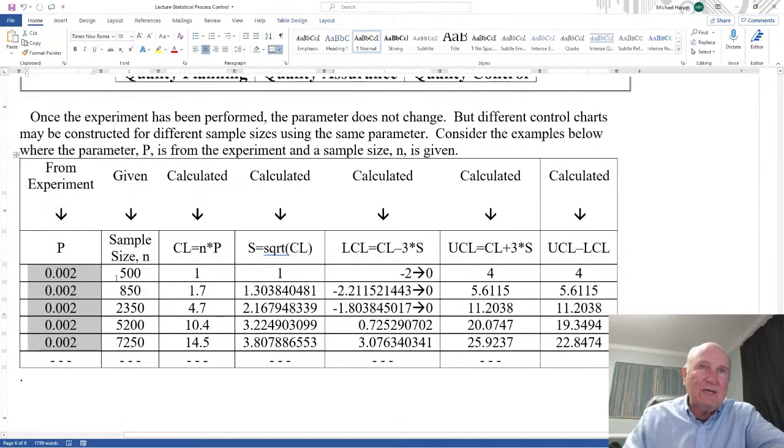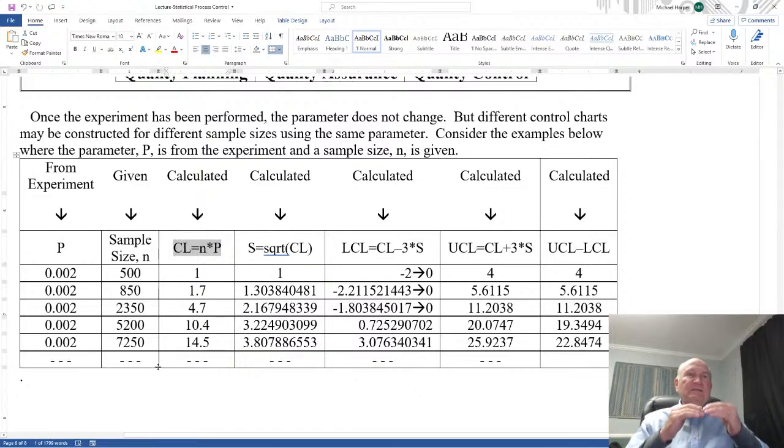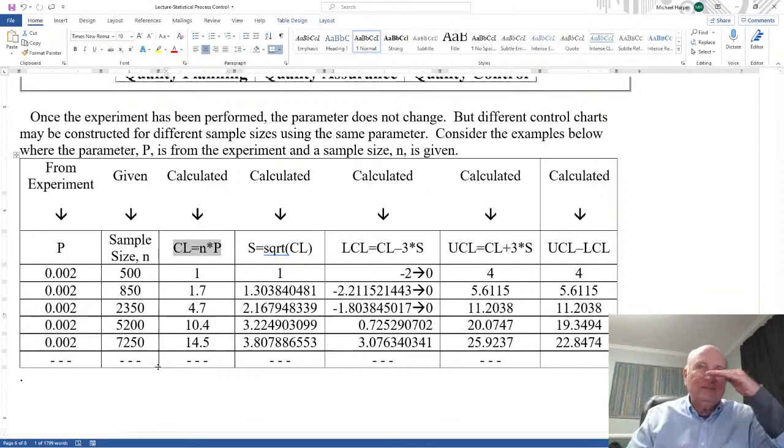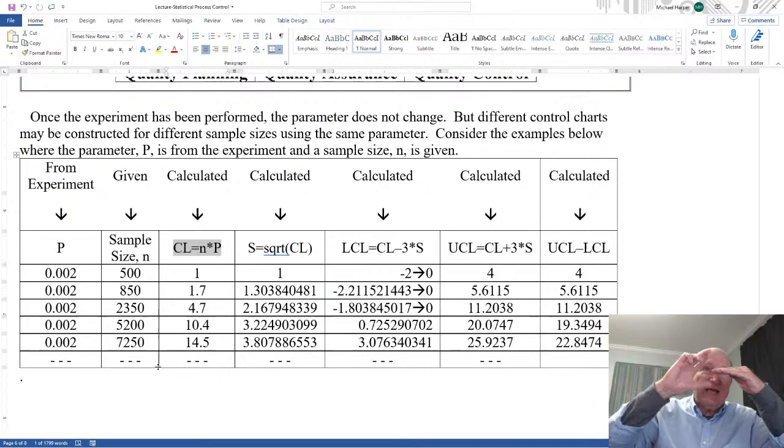Okay, now my sample size, again, I'm increasing it: 500, 850, 2350, 5200, 7250.